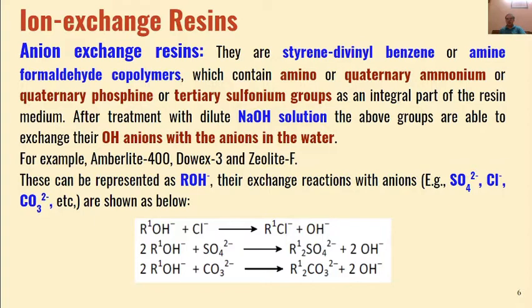So these contain amino or quaternary ammonium salts as functional groups for exchange with the hard water. In addition, we can have quaternary phosphine and tertiary sulfonium groups also present on the anion exchange resins as an integral part of the resin medium.